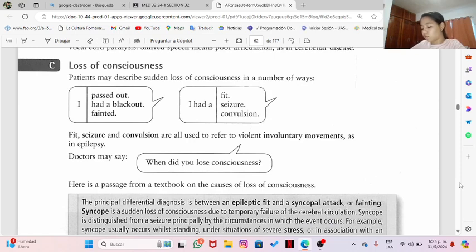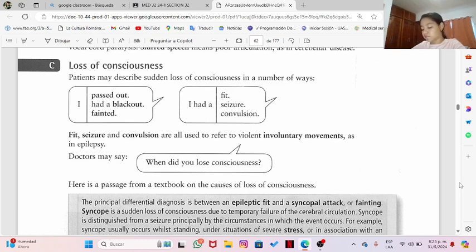Loss of consciousness. Patients may describe sudden loss of consciousness in a number of ways. I passed out. I had a blackout.